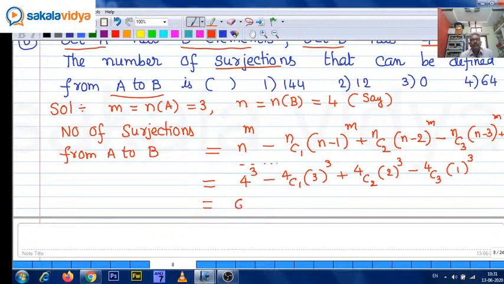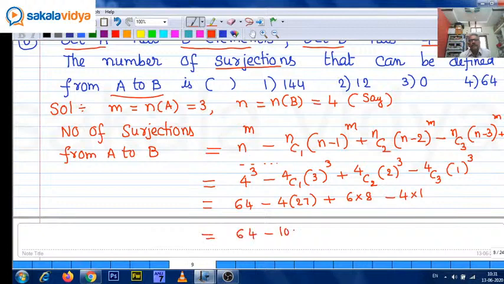4 cube is 64. 4C1 is 4, 3 cube is 27. 4C2 is 6, 2 cube is 8. 4C3 is 4, and 1 cube is 1, so 4 into 1. This we need to simplify. 64 minus 108 plus 48, minus 4.